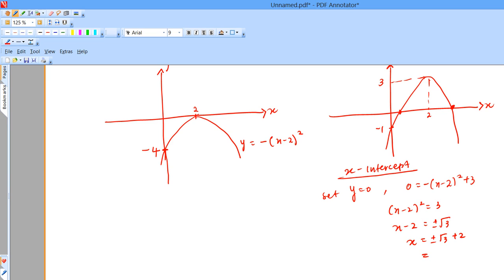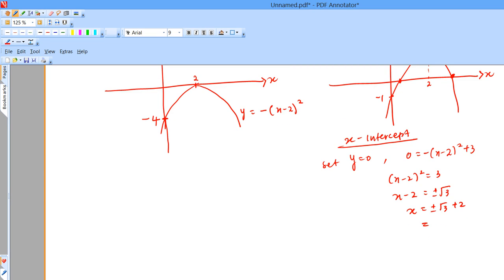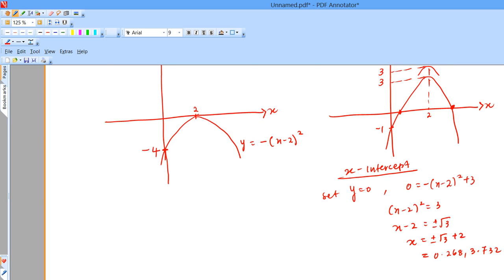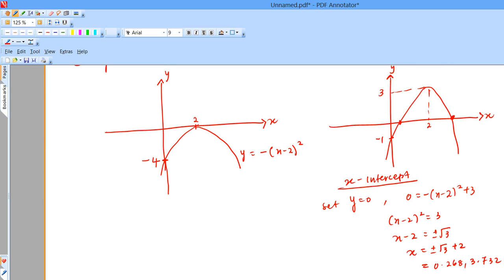So we get two values here. The first value equal to 0.268 and the second value 3.732. So the x-intercepts here are 0.268 and 3.732, and then we label this graph y equal to negative (x minus 2) square plus 3.